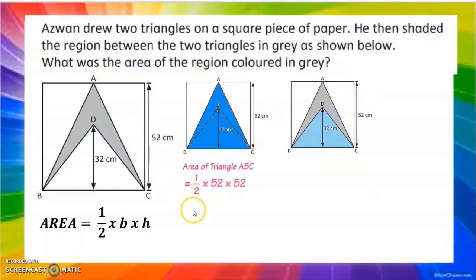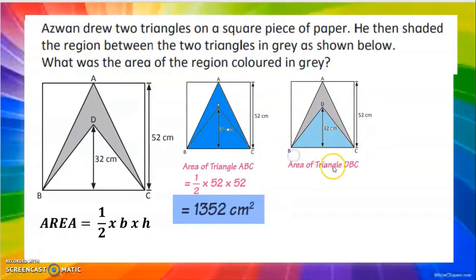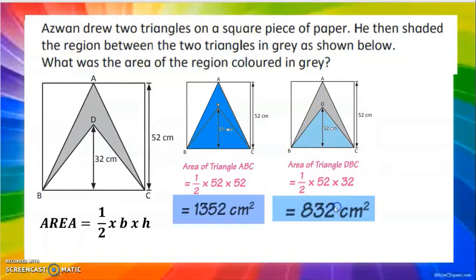So, we're going to take the area. It's 1,352 square centimeters. How about the small triangle DBC? We still use the formula 1/2 times base, the base is still 52 and the height of the small triangle is 32. It is equal to 832 square centimeters.